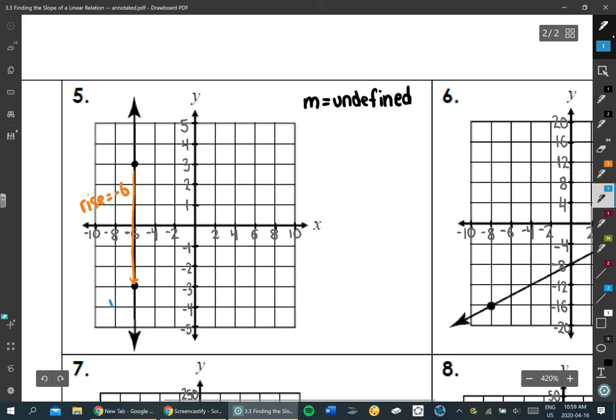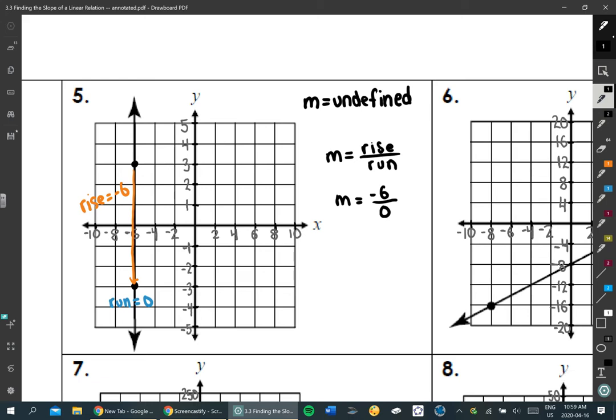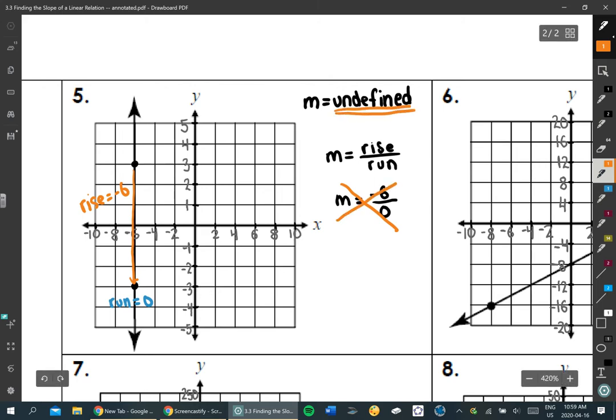My run is 0. I didn't move at all. So when we create our rise over run, we end up with some number divided by 0. Well, we're not allowed to divide anything by 0 in math. It's not allowed, okay? So that's why we call it undefined, okay? And that is for vertical lines.